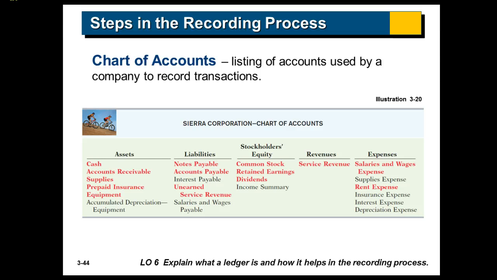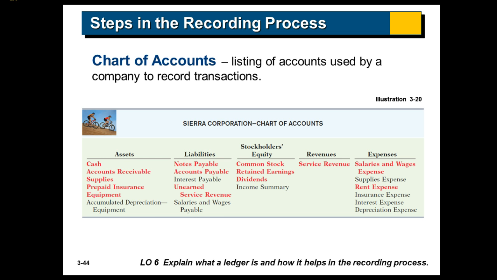Therefore, I don't have inventory. And I really don't have freight out, freight in, because my business doesn't have those types of transactions. And so really each company will have their unique chart of accounts customized to the type of business.